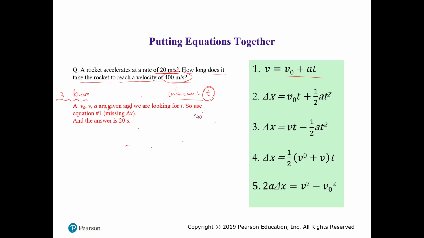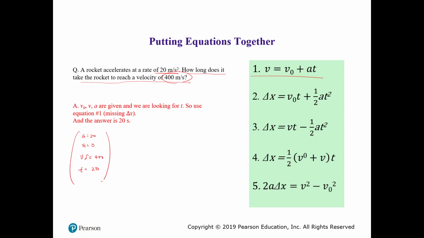I hope everybody now understands this principle. This is again an extremely important slide. Okay. You have to let me know if you have a question. And now we see, okay, I have acceleration 20, initial velocity 0, final velocity 400, time 20.